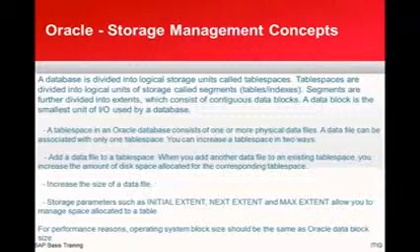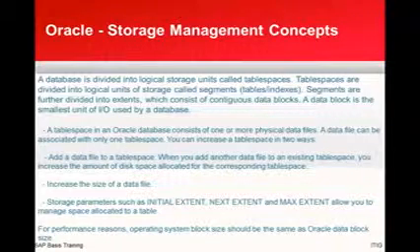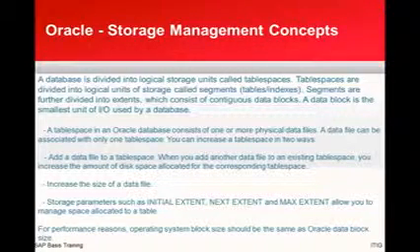Segments are further divided into extents, and these consist of contiguous data blocks. The data blocks may vary, say 8 or 16 or 32, depending on your database and on the read write operations that you want to perform.